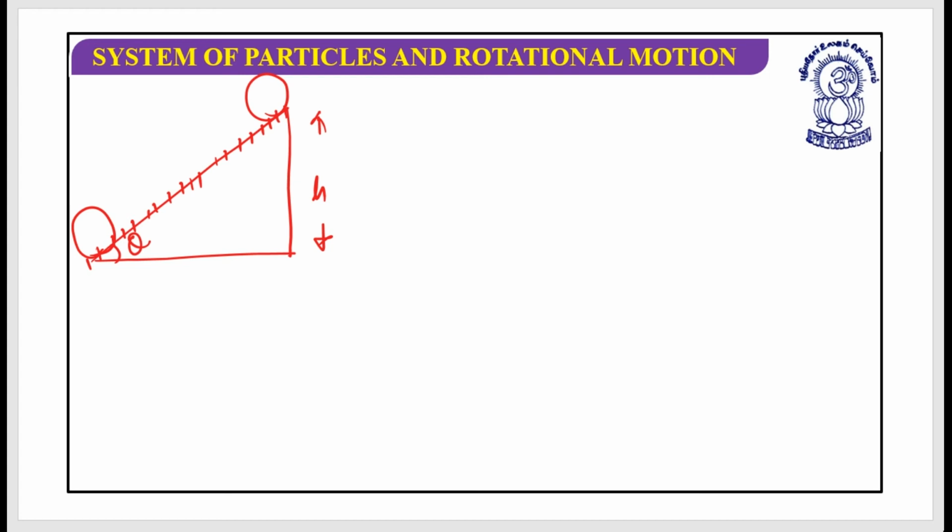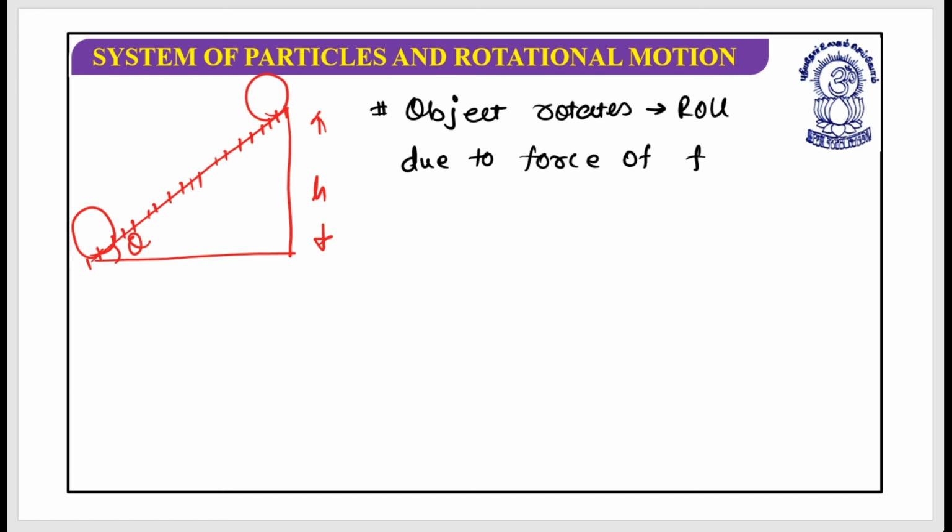Now we know that this object rotates, or as it rotates it can roll, due to the force of friction only.